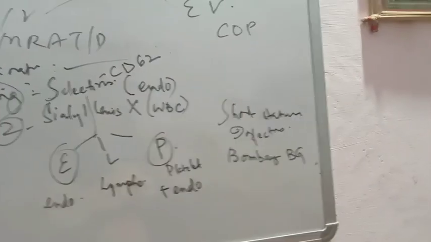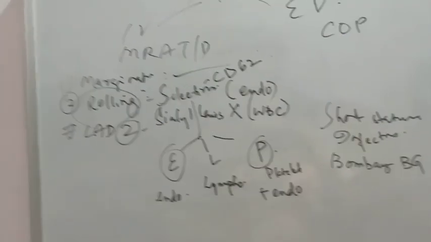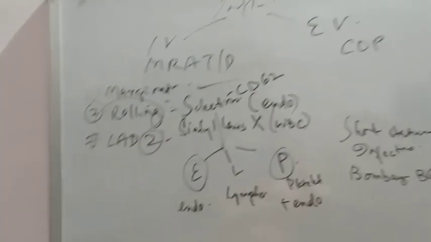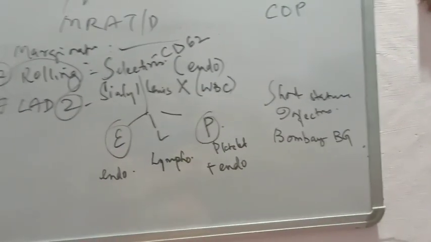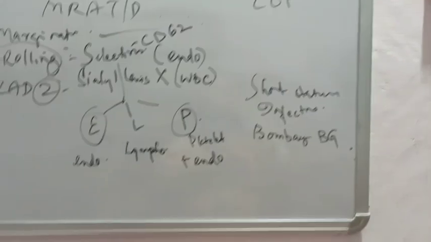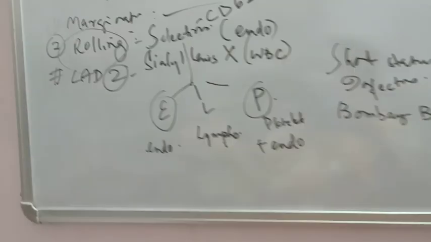Now one more thing. This is a very basic thing, but some people in the exam will not write antigen or antibody. Sometimes instead of antigen, they will write agglutinogen, or instead of antibody, they will give agglutinin. So be careful. They can ask, blood group is based on what?